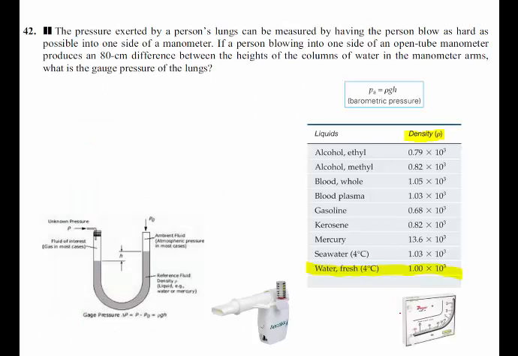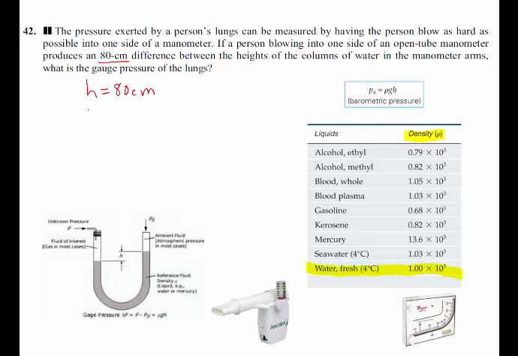So here I'm up 80 centimeter difference. So that's the change in our height. So our height equals 80 centimeters. And we want to know what is the gauge pressure of the lungs.